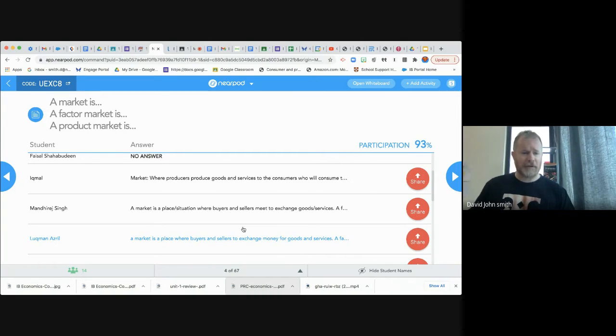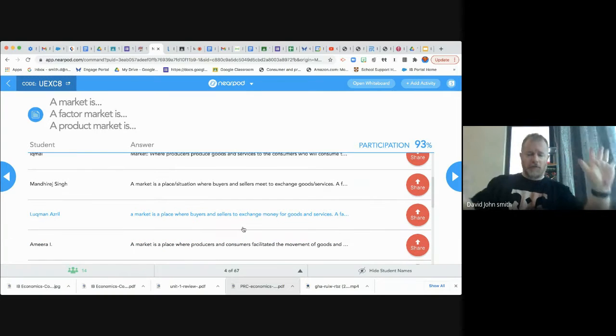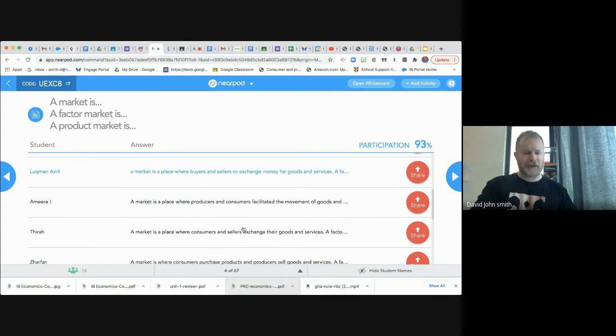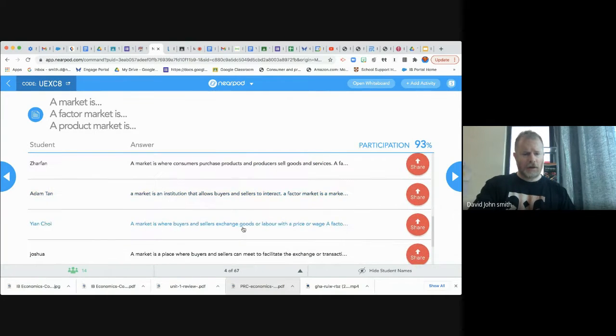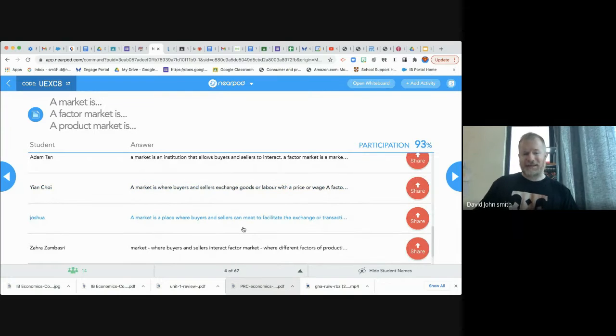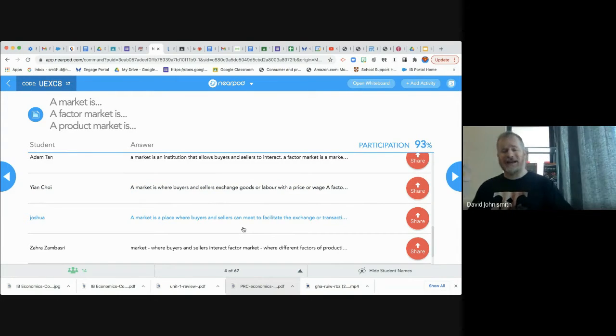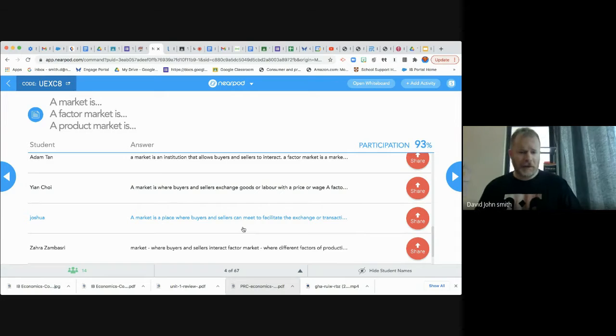You might be able to come up with one for a factor market, depending on how broadly you view the term factor market with regards to the factors of production. The reason why I say that is because real life examples help you with your understanding. They also are something that is specifically mentioned inside your mark scheme. So the examiner is going to look for those real life examples that you use.